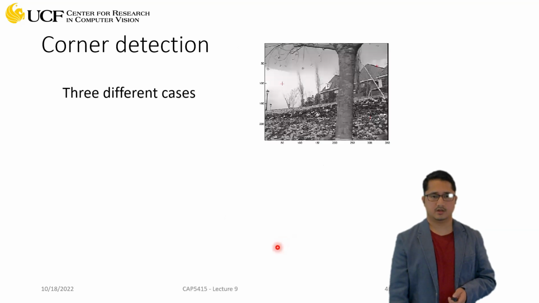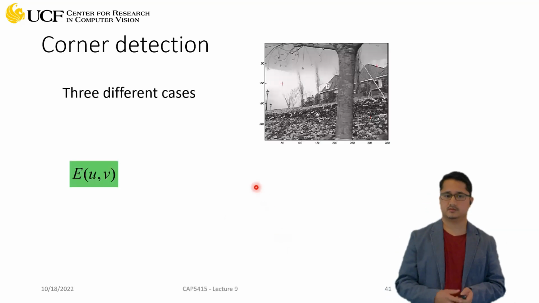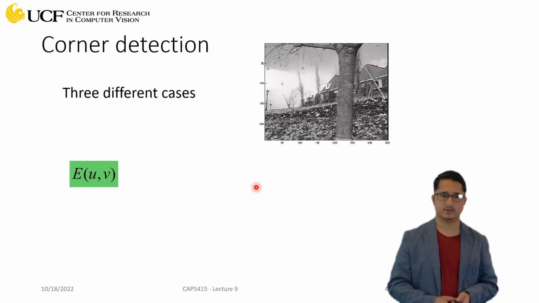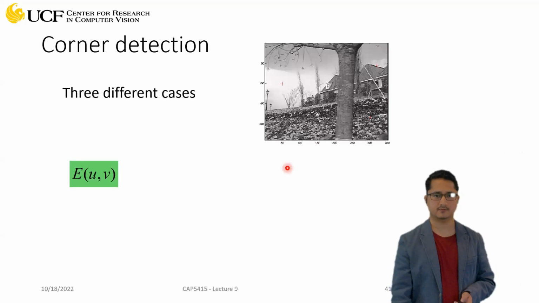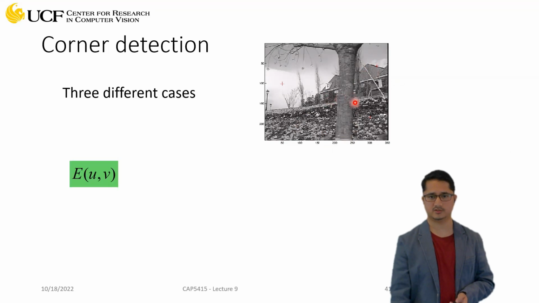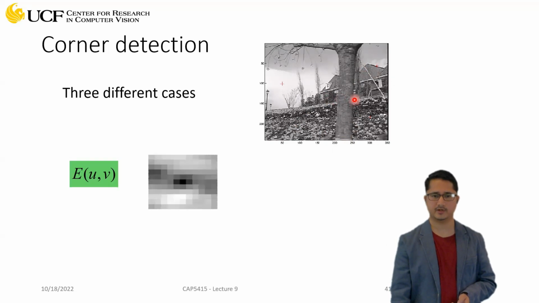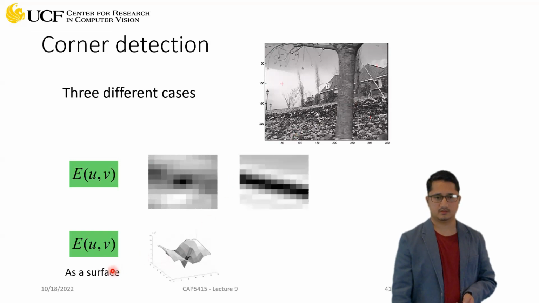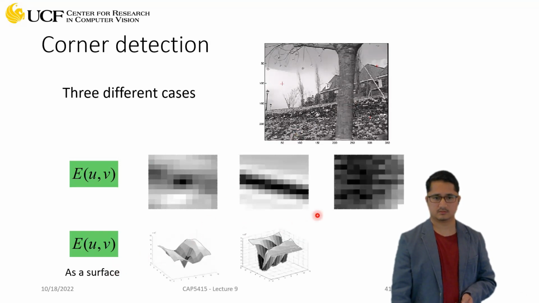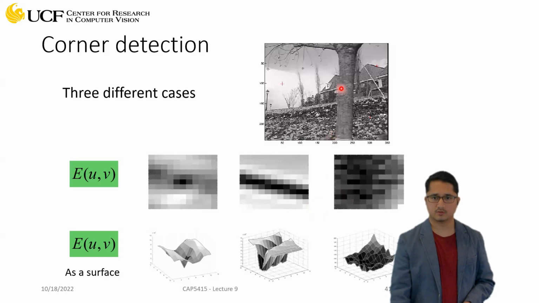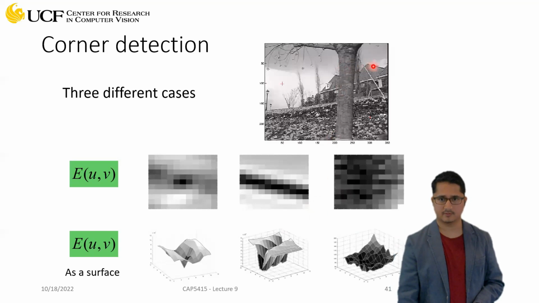Okay. Now we can use that kind of autocorrelation to actually find corner detection. So let's focus on this real world image, and we'll look into 3 different cases. Okay. So we have 3 different points. One point is at this location, which is kind of the edge of the roof.